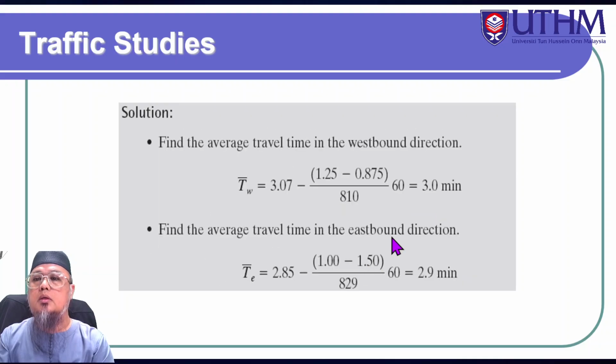Okay, now the travel time for westbound, we obtain about 3 minutes, and for the eastbound direction, about 2.99 minutes. It's also almost similar, just a bit different. In terms of the volume, it is also not much different, but still comparable.